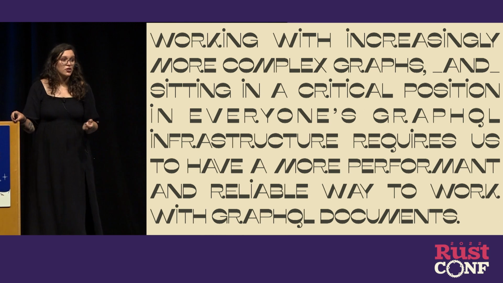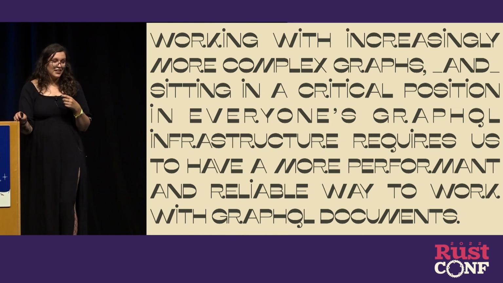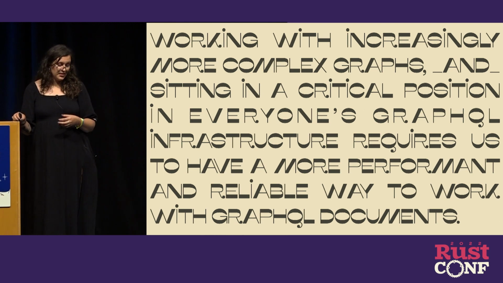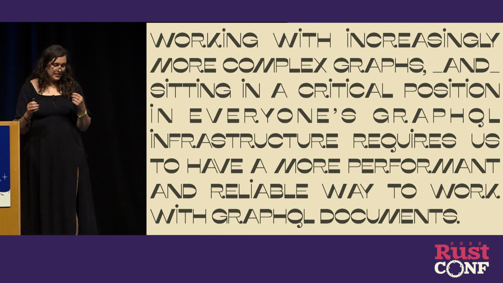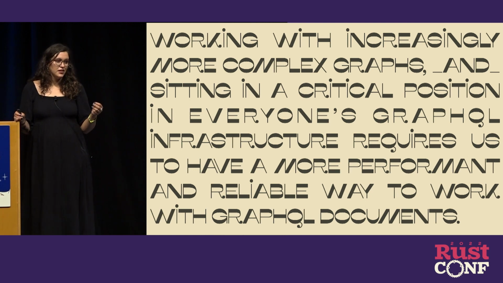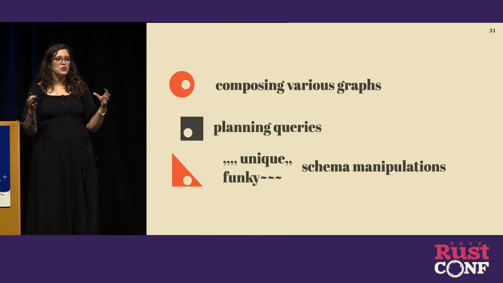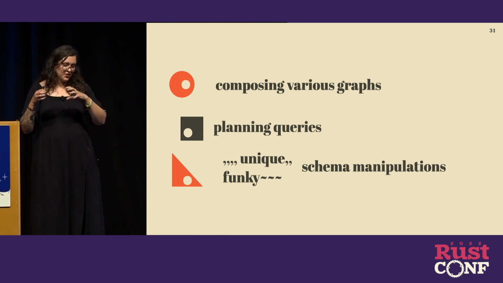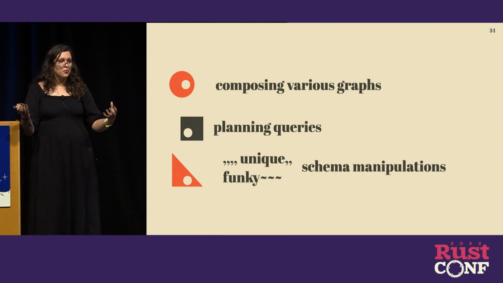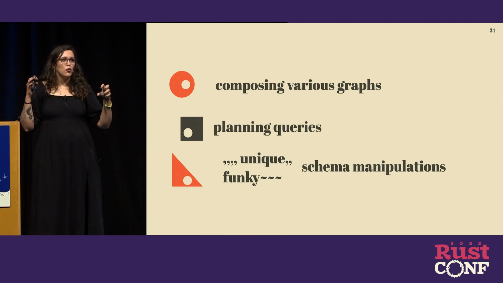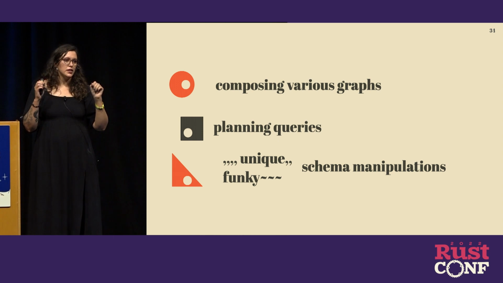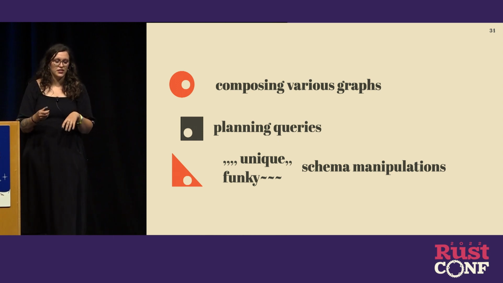Working with increasingly more complex graphs and sitting in a critical position in a lot of people's infrastructure requires us to have a more performant and reliable way to work with graphs and GraphQL documents even. We might want to do a whole bunch of different things, like compose different graphs together. They're quite complex. We might want to do query planning. We want to perform all sorts of wild and unique schema manipulations.